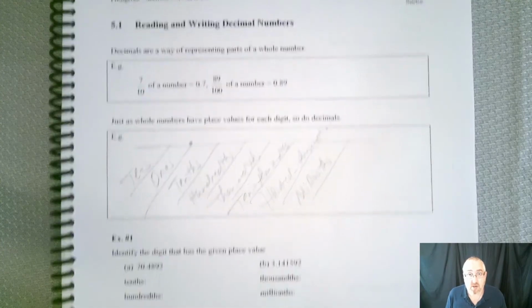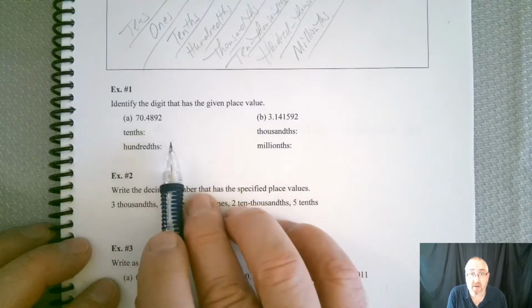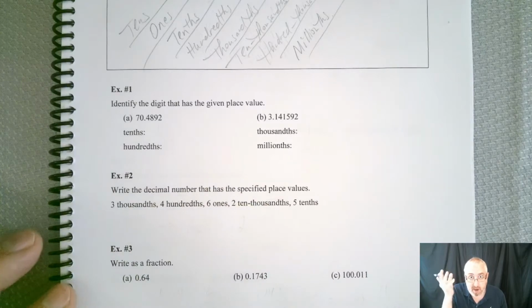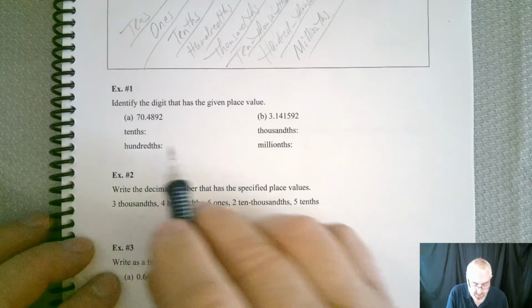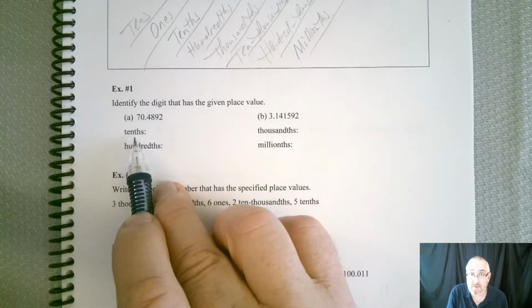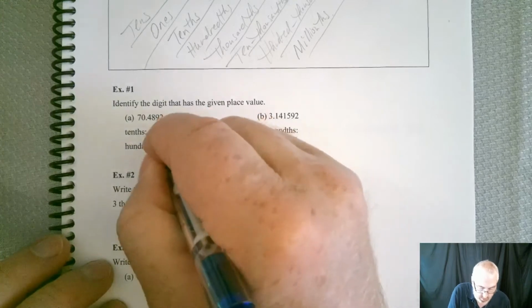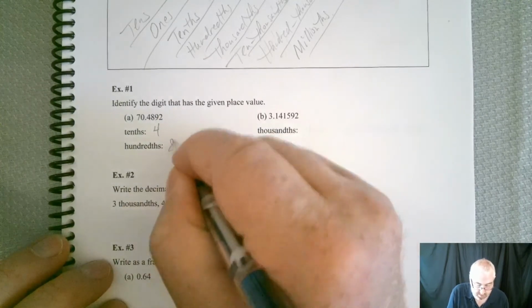All right, so let's try a few problems. These ones just want you to identify the digit in the place value. As long as you have in your mind what those place values are and where they're located, you should be fine. So the tenths, remember, is the first place to the right. So that would be the 4. The hundredths is the second one, so that should be the 8.